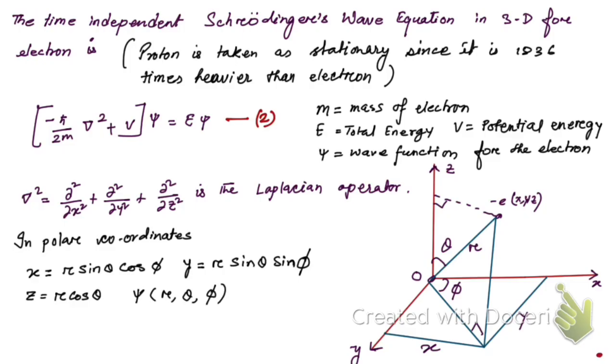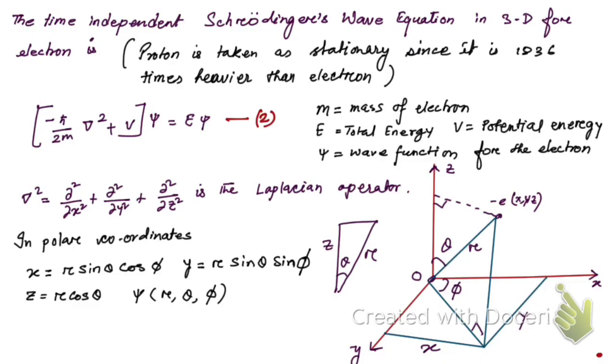Now let me explain how we have got this. First take this right angle triangle. In this triangle, this is z, this is r, this is theta.